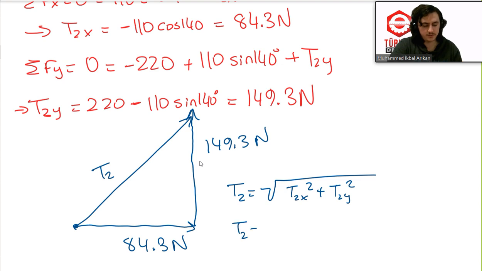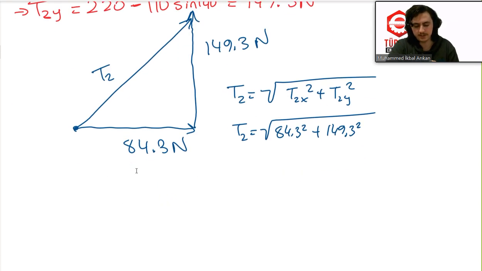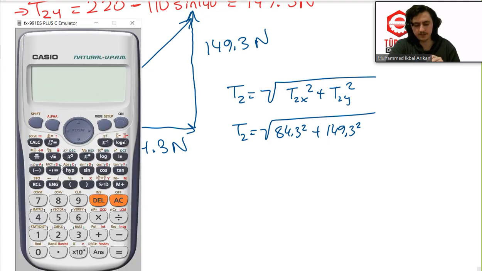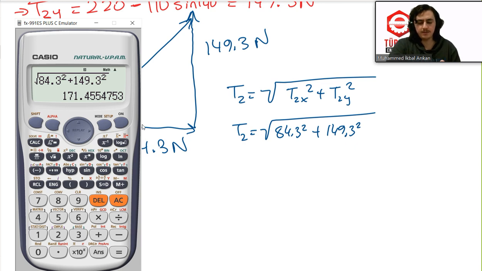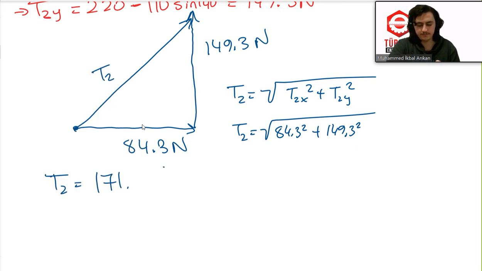So it will be just this one plus the other one squared. So I will get T2 will be equal to what? Let's calculate it. So I will get 171.5 newtons.